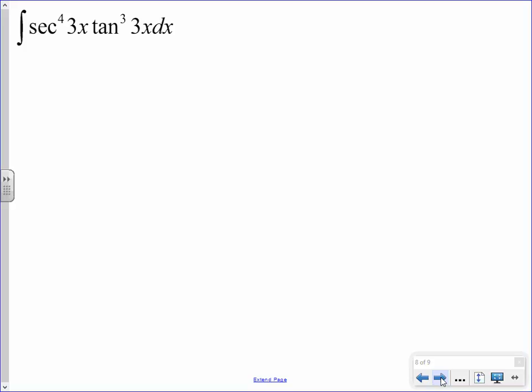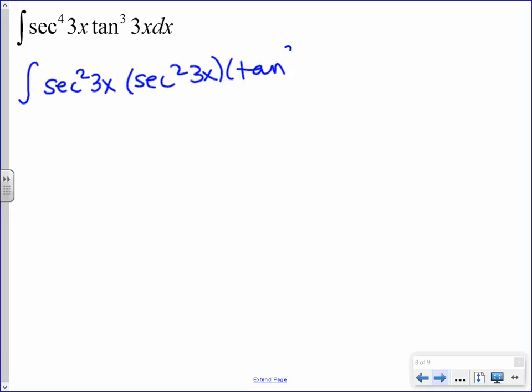So the first way would be to separate secant by leaving out a secant squared. So we took out a secant squared. We're going to leave this one for you to use substitution, and we're going to change this one.